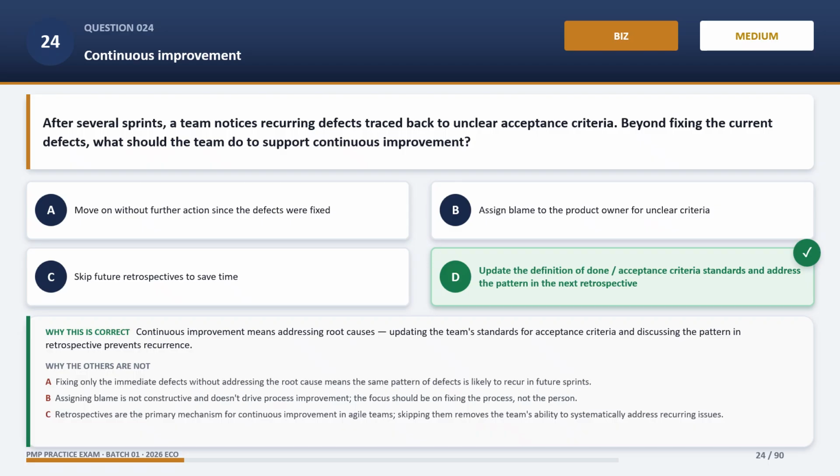Assigning blame is not constructive and doesn't drive process improvement. The focus should be on fixing the process, not the person. Skip future retrospectives to save time is incorrect. Retrospectives are the primary mechanism for continuous improvement in agile teams. Skipping them removes the team's ability to systematically address recurring issues.